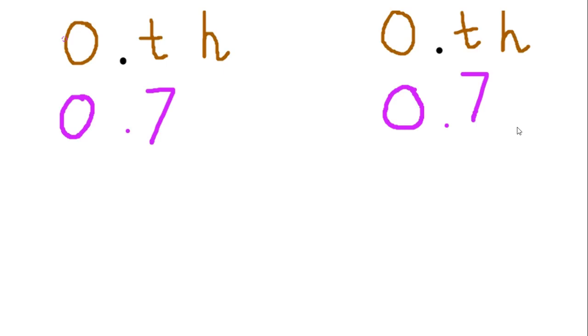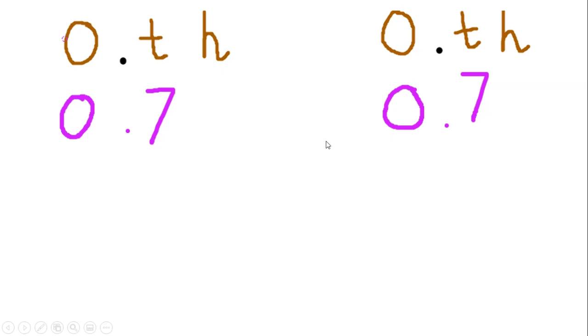Next question. I can't see it on the screen, but I'm going to say it and I'll show you afterwards. 7/10. Next question. 70/100. I wonder if you got these. Now earlier I said that 10/100 is the same as 1/10.